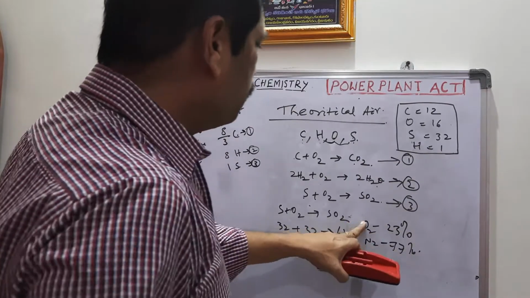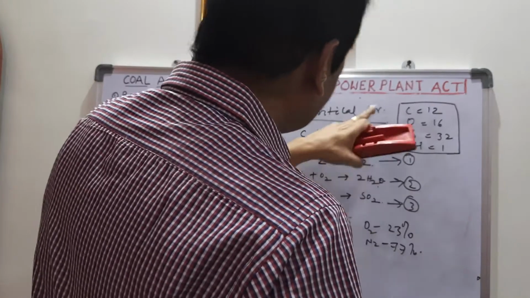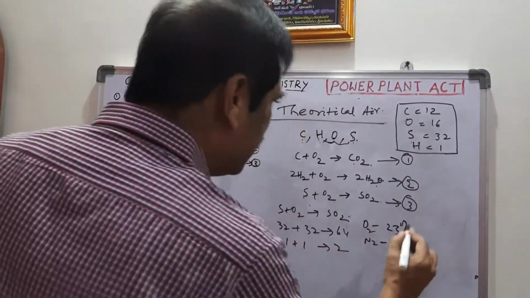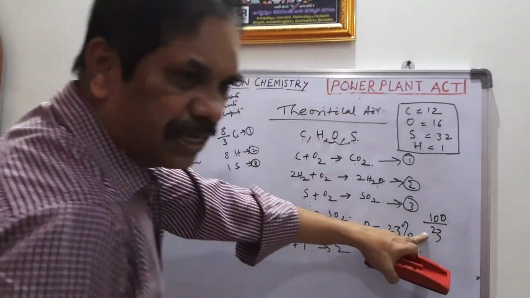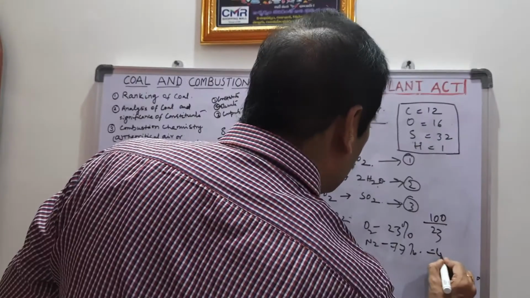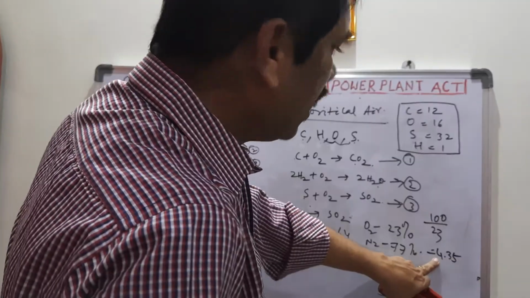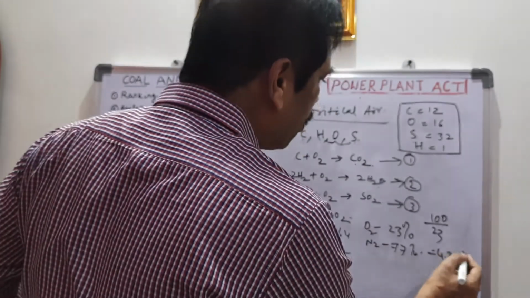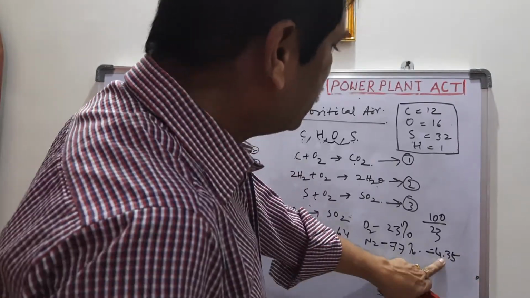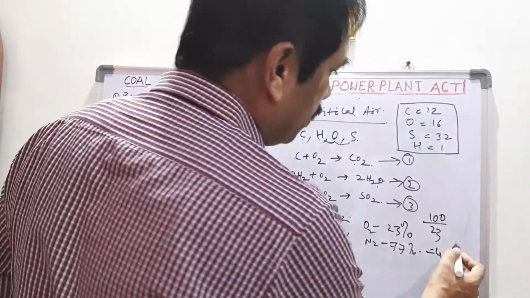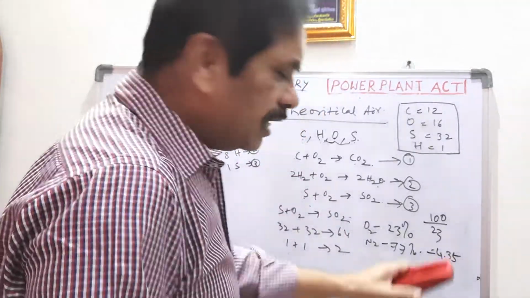So while you are calculating the air, how much quantity of air is required, that you have to calculate. 100 divided by 23% gives approximately 4.35 quantity of air needed. That means in every 4.35 kg of air, 1 kg of oxygen is present.